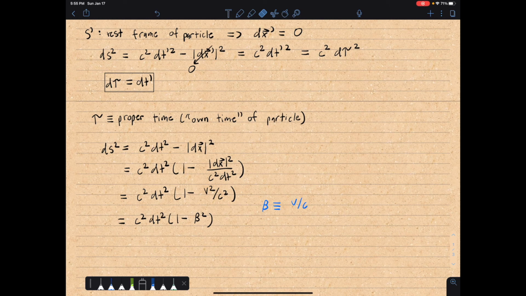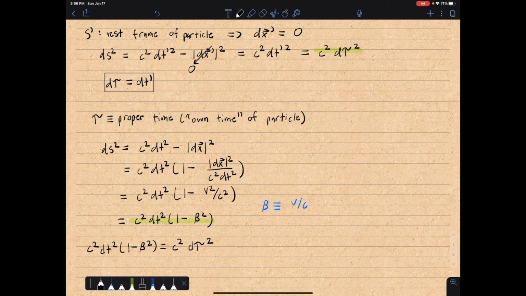We now have an expression for ds squared, both from the lab frame and from the rest frame of the particle. I'll go ahead and set these expressions equal to each other. We're able to do this because ds squared is an invariant.